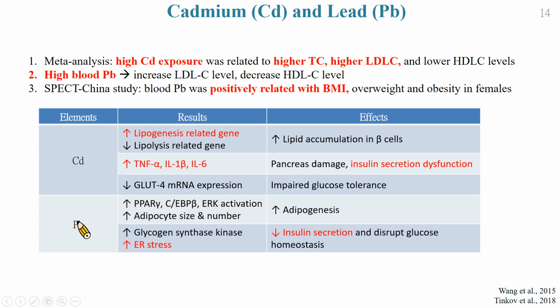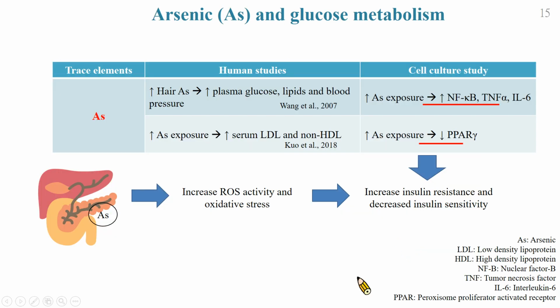And lead also has a very similar effect on glucose and lipid metabolism. In this case, lead exposure may result in an increase in adipogenesis, but a decrease in insulin secretion and disruption of glucose homeostasis.